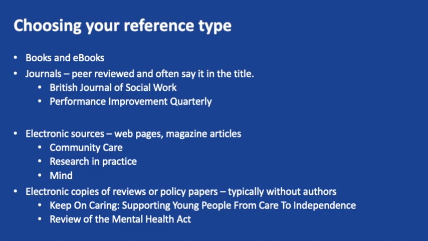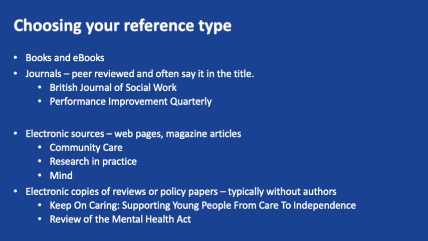Journals. These are the gold standard for any sort of academic work. They normally come in published documents like the British Journal of Social Work, the Journal of Social Work, Performance Improvement Quarterly.